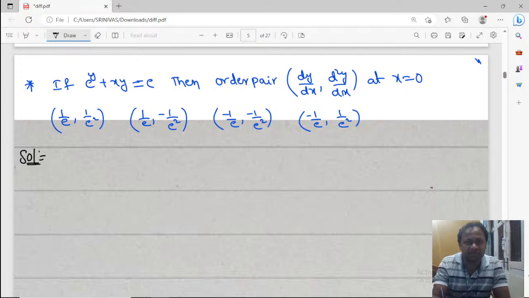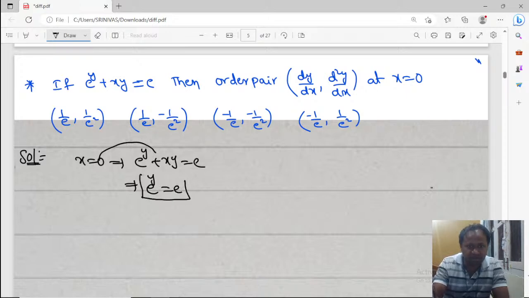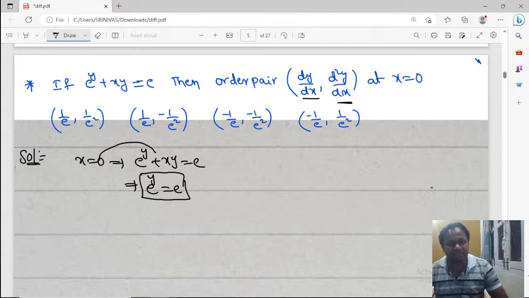At x is equal to 0, e power y plus xy is equal to e, which implies, substituting the x value here, e power y is equal to e. We got one condition. Okay, e power y is equal to e. Let it be. Next, we need to find dy by dx as well as d square y by dx square.